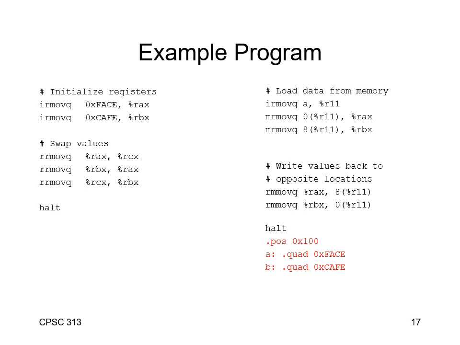So I'm going to now store the values they contain directly back to memory. But this time, I'll take what's in RAX and I want to put it in location B, so that's 8 added to R11. And what's in register RBX, I'm going to put in location A, which is 0 bytes offset from R11.